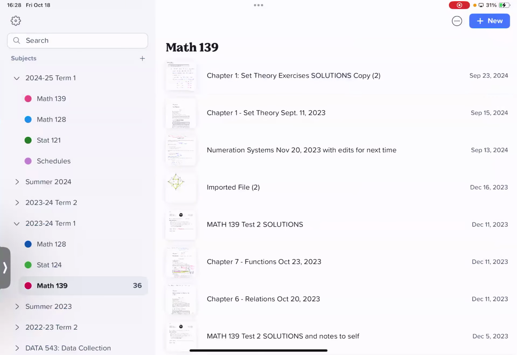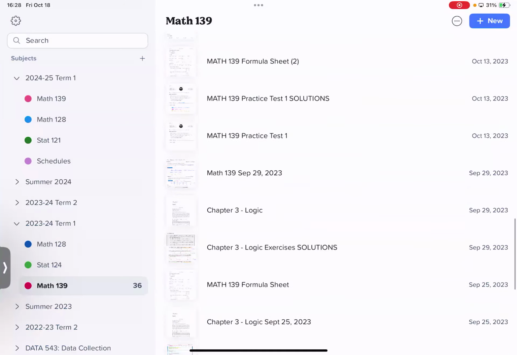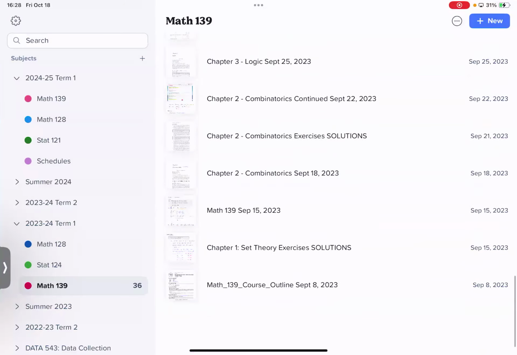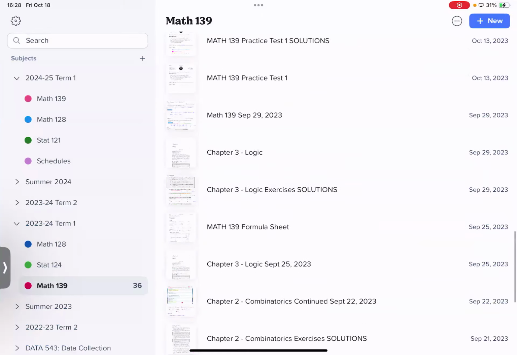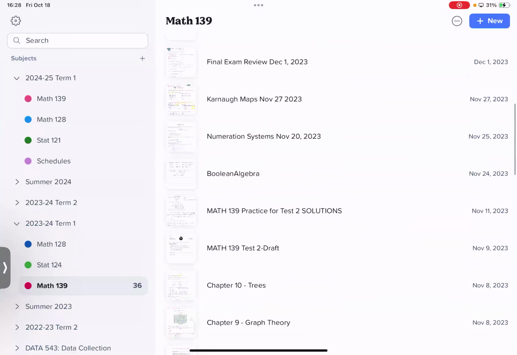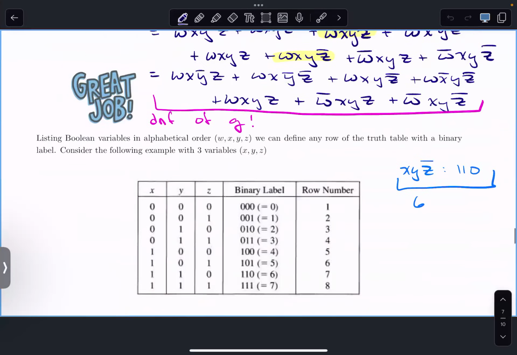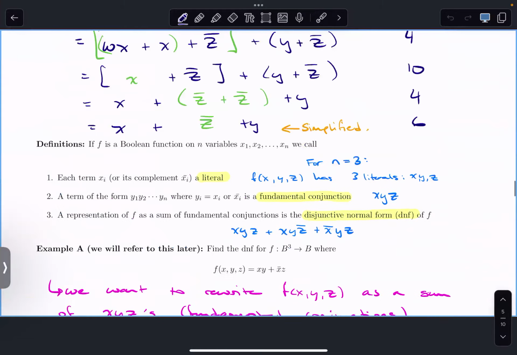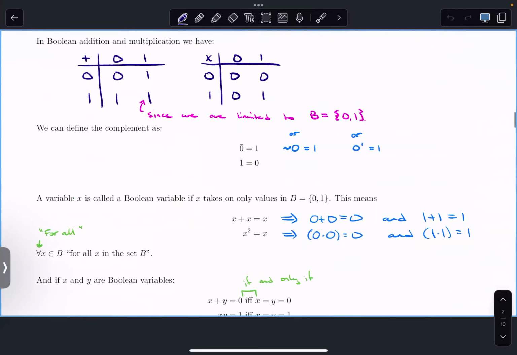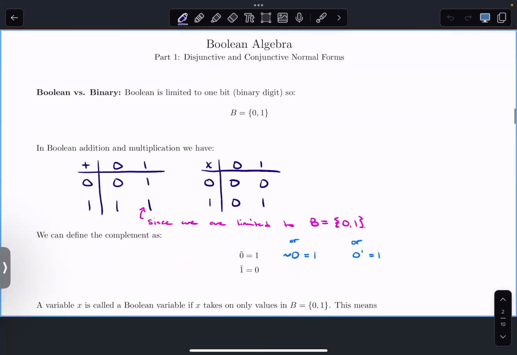There's a section in particular that I would love to just steal, actually. Oops. Oh, wouldn't that be nice? Test 2 solutions. Well, I'd change it anyways. Here it is. Wait. Okay.